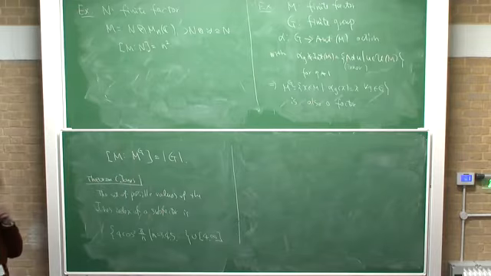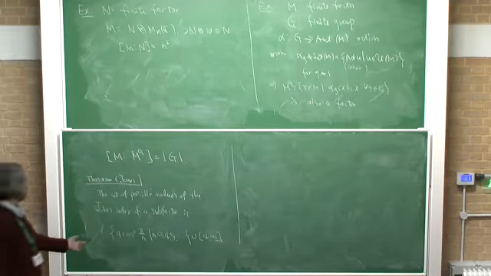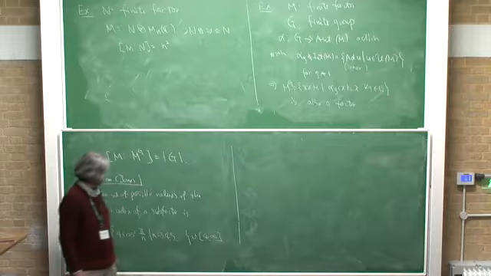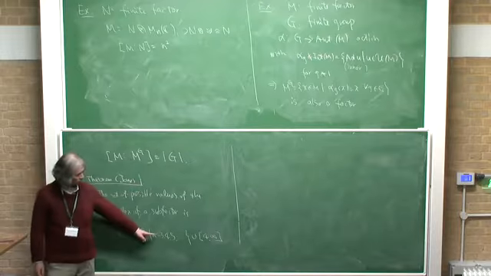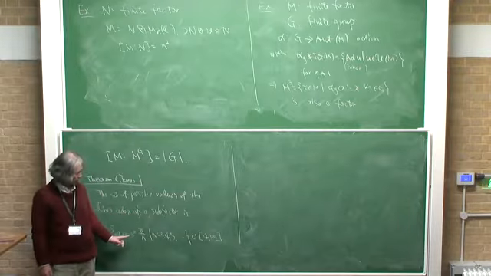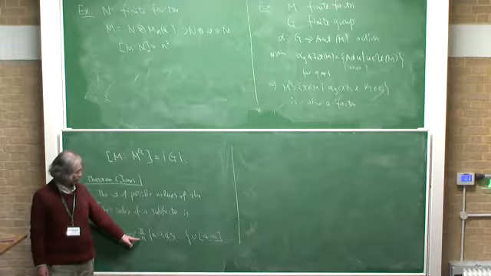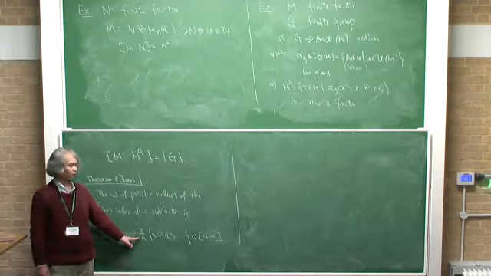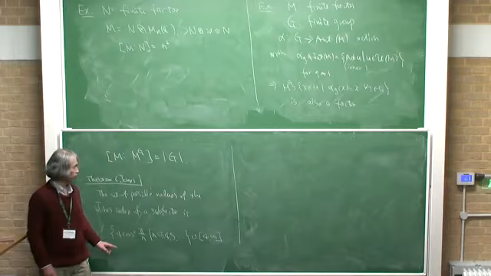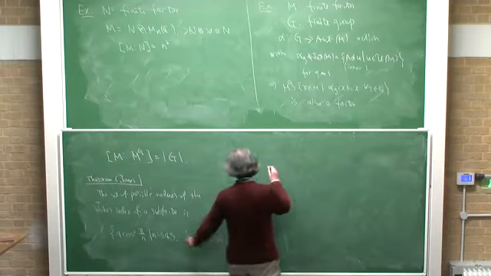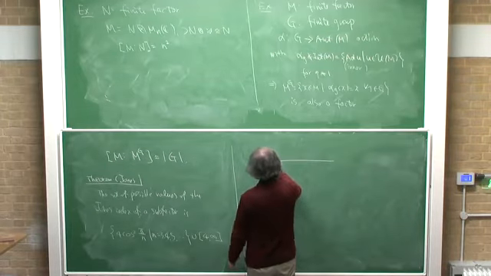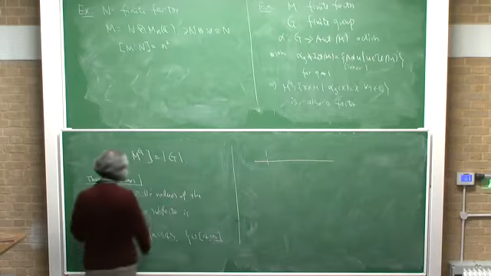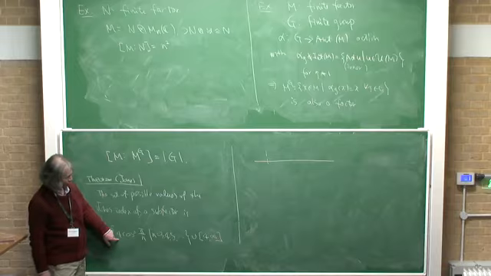So 4 cosine squared pi over n, where n is an integer starting from 3. So for the first value, n equals 3, we have cosine pi over 3, which is 1/2. So squared times 4 is 1. So the first value of this series is actually just 1.